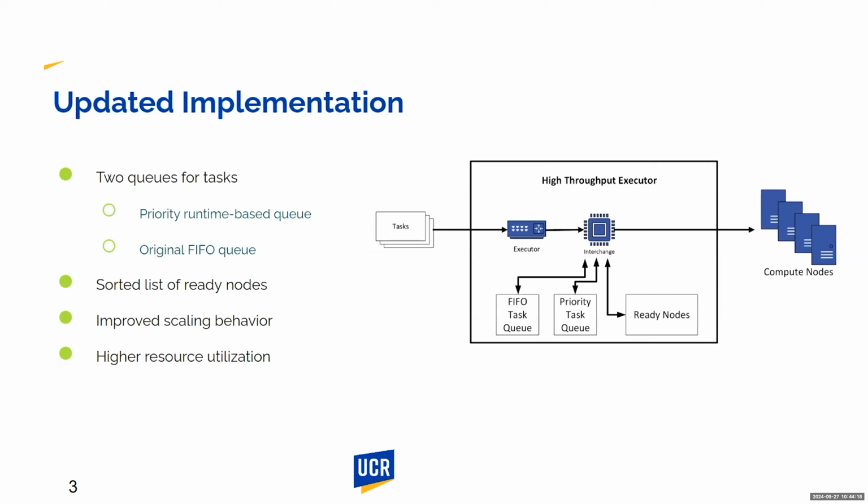In conjunction with this, we also sorted the list of ready nodes to prioritize nodes that came online more recently, and to let older nodes expire and be deprovisioned. This had benefits, which we'll see later: improved scaling behavior and higher resource utilization.